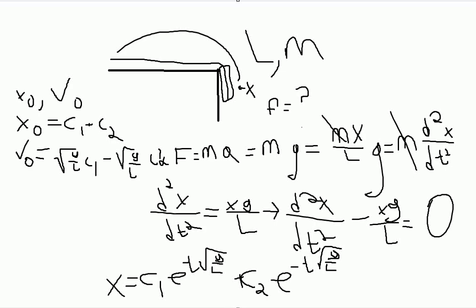We take the equation for x naught and multiply everything by the square root of g over L. So we get the square root of g over L times x naught equals the square root of g over L times c1 plus the square root of g over L times c2.